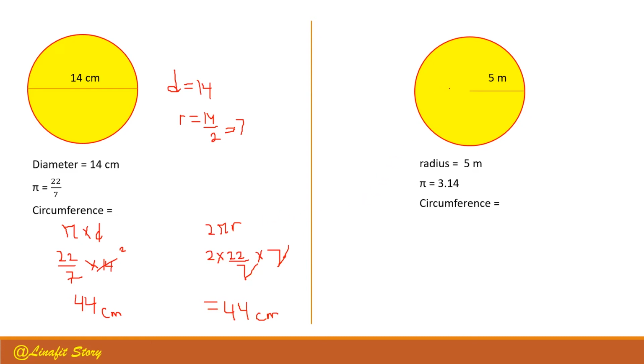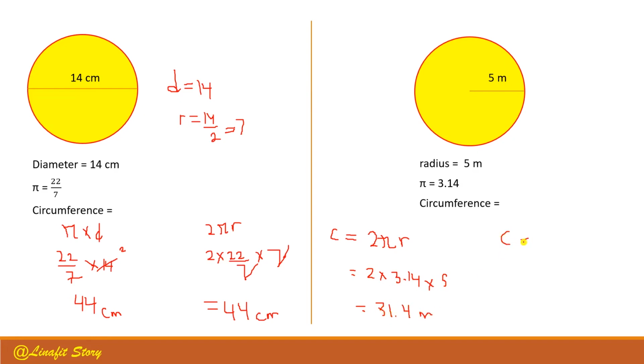And then the next is here. If the radius is 5 meters, take pi is equal to 3.14, find its circumference. 5 is the radius, so to get the circumference is 2 times pi times radius. So 2 times 3.14 times 5 is equal to 31.4 meters.